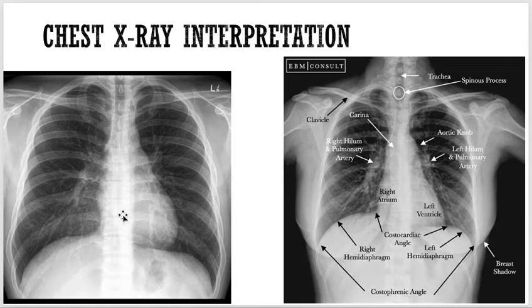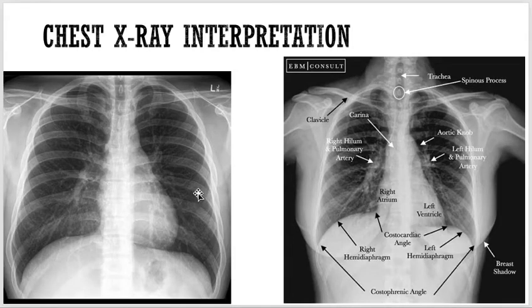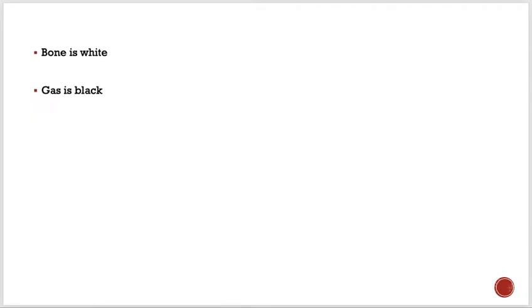These shades basically represent four different natural tissues, and one is for artifact. For example, I will tell you right now, the bone is white. The gas is black. See, the bone is white, here it is white, and the air, here you can see the blackish area, the air or the gas is black.